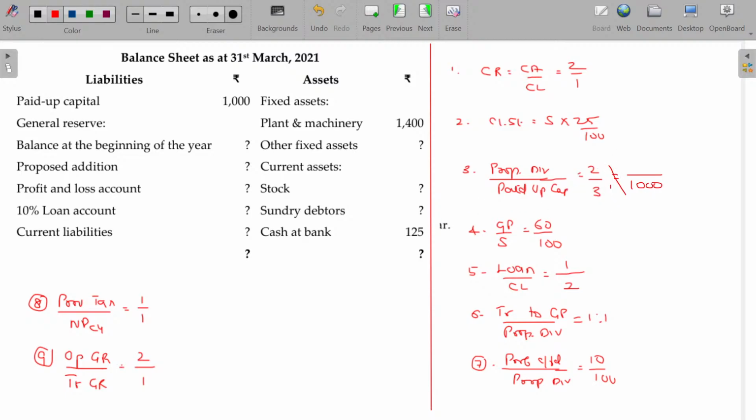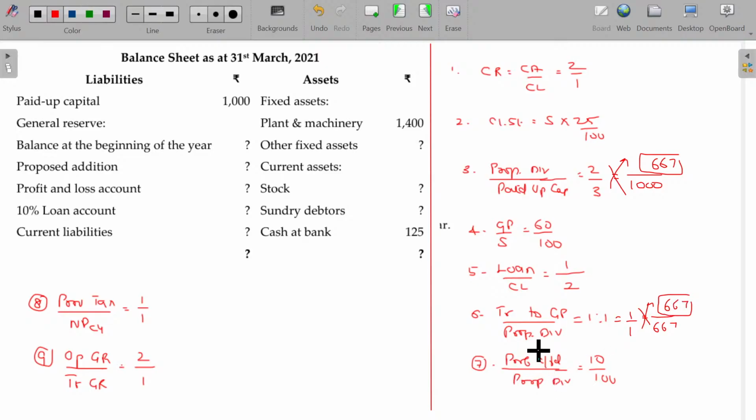So from this it is very clear the proposed dividend should be 667. And this being 1 by 1, if the proposed dividend is 667, which we got from the third, transfer to GR in the current year is also 667.